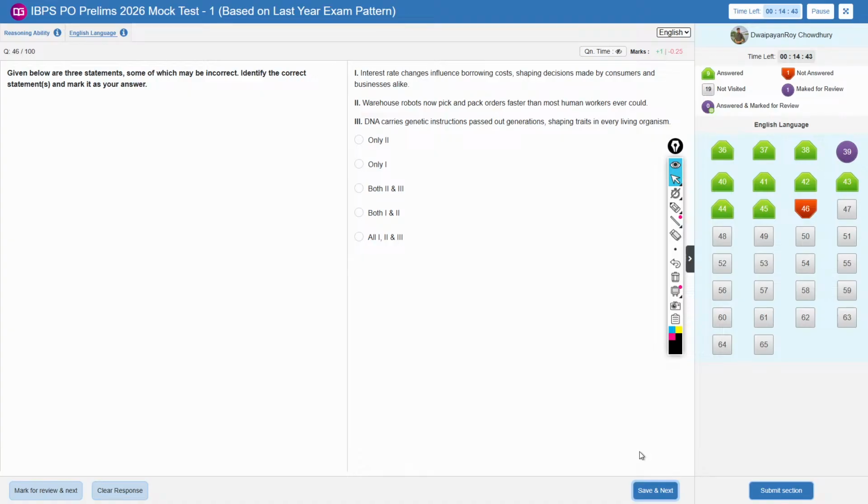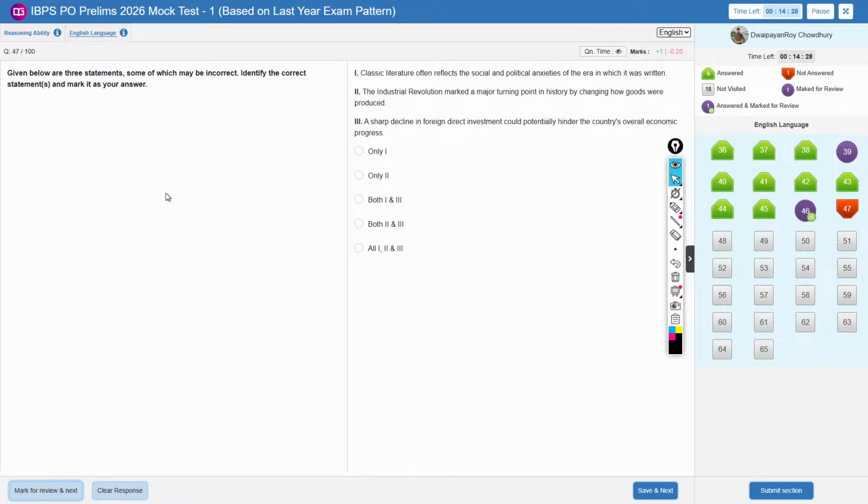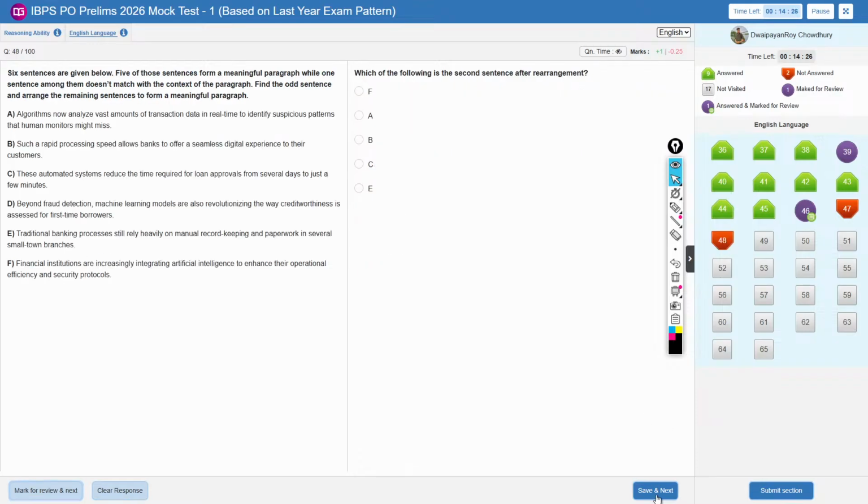Interest rate changes influence borrowing costs, shaping decisions made by consumers and businesses alike. Maybe 2 and 3 only. Okay, I will do these things later. It's taking longer time. So this one I'll not do currently.